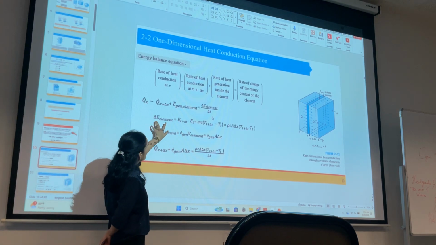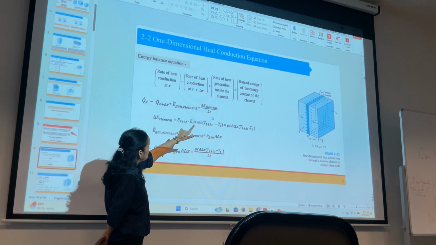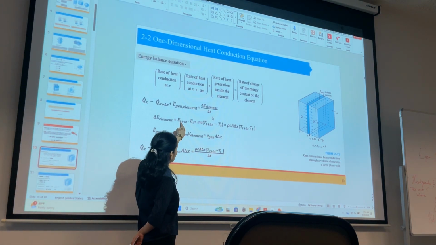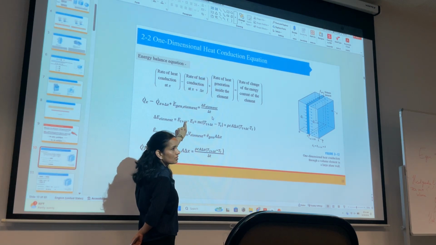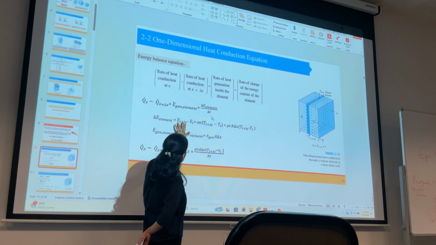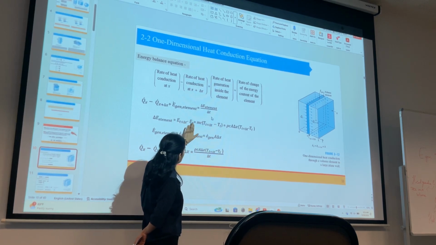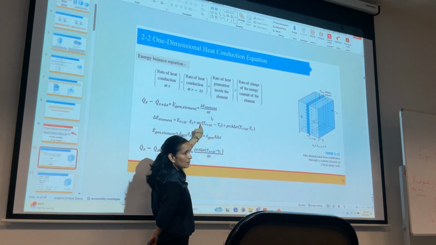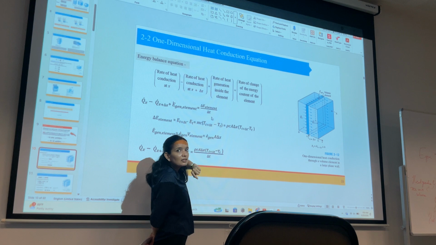So this can be written as the rate of change of the energy with time, right? The difference will be T plus del T minus T. You can write this E as the mass times specific heat times temperature, you remember from here.